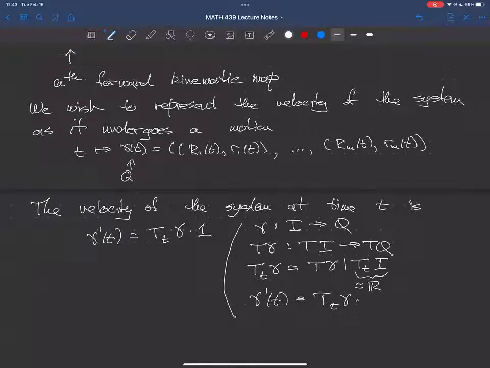Okay, and so it's applied to an element of this tangent space. An element of the tangent space is just a number, and that number we choose is 1. Okay, so that's how we defined gamma prime. All right, so we did this before, I'm just reminding you.